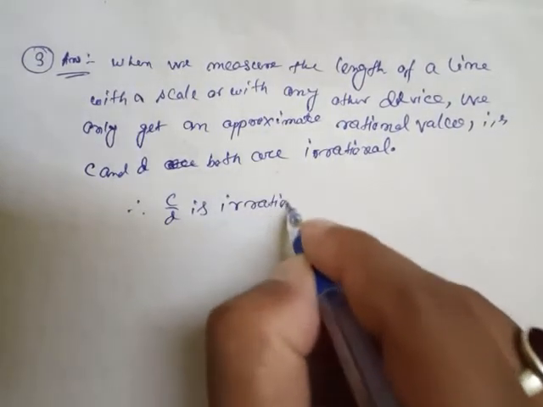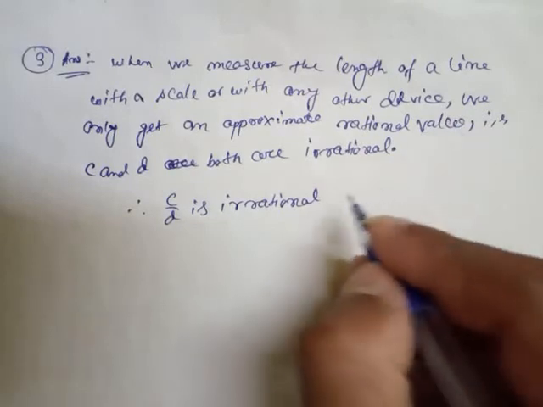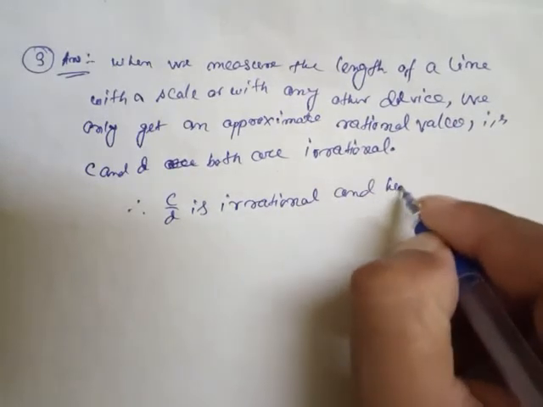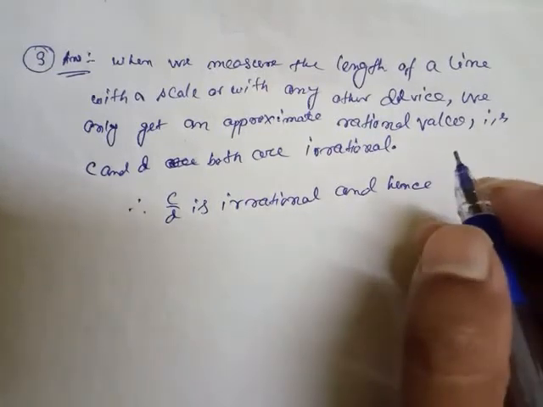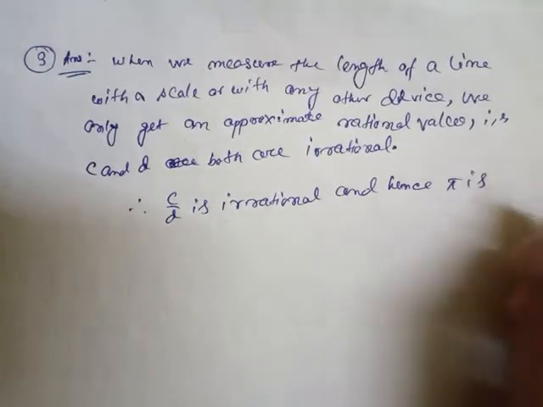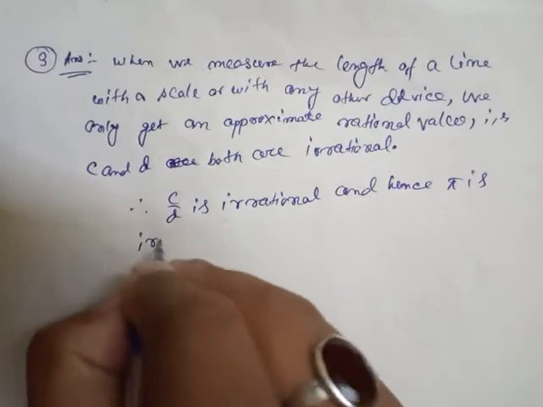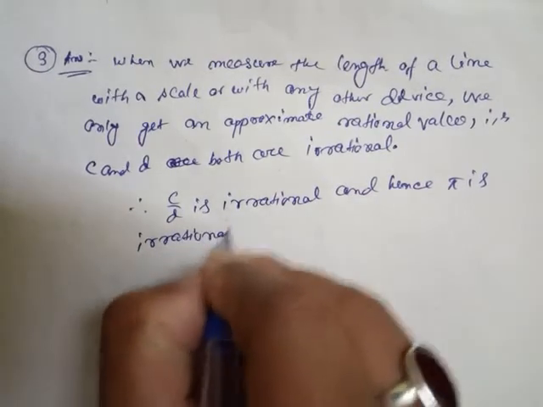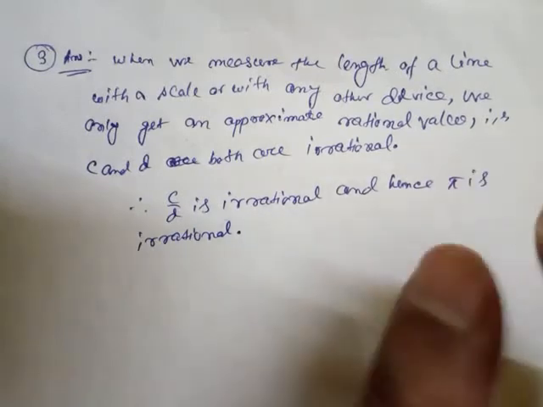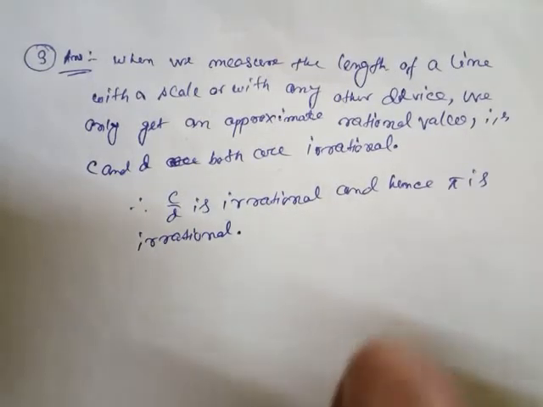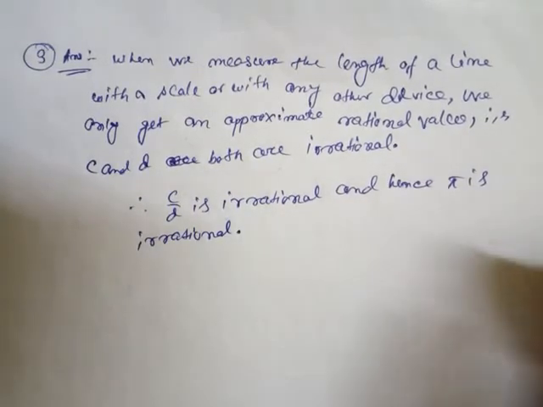C by D is irrational, and hence pi is irrational. Thus, in the question it is mentioned, how will you resolve this contradiction?